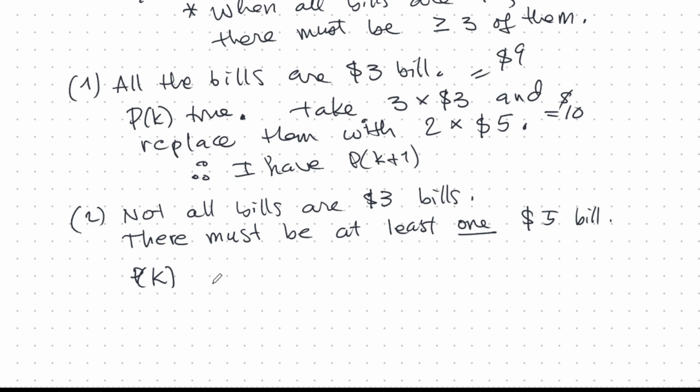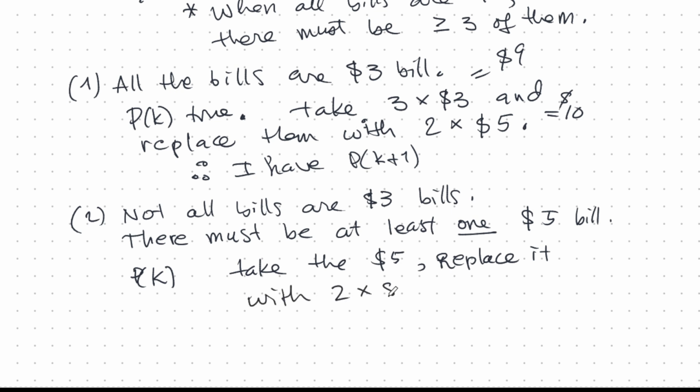So, okay, I have one $5 bill. What I can do is take the $5 bill and replace it with two $3 bills. And that works because this is $5, but two $3 bills, that's $6. So that adds an extra 1.